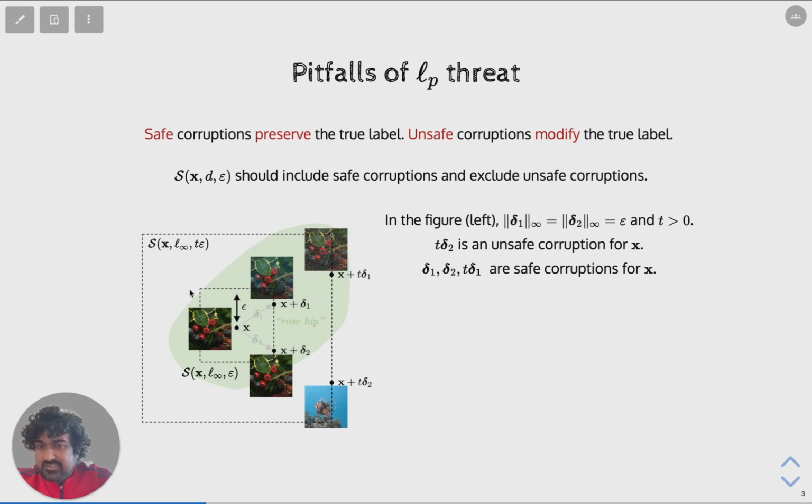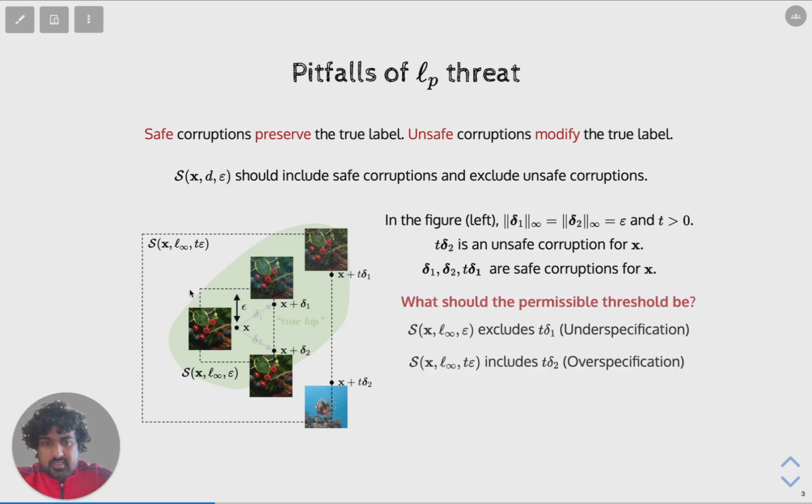For some scalar t, we extend the corruptions along these directions to obtain new corruptions t delta 1 and t delta 2. We can observe that delta 1, delta 2 and t delta 1 are safe while t delta 2 is unsafe, and this makes us ask the question, what is the actual optimal choice of a permissible threshold?